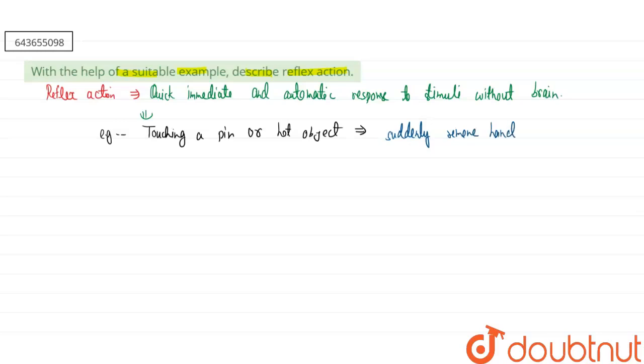This is mainly due to the reflex action in the body, because if we touch a hot object, our sensory organ senses it. Then with the help of afferent neurons, these impulses go to our spinal cord.